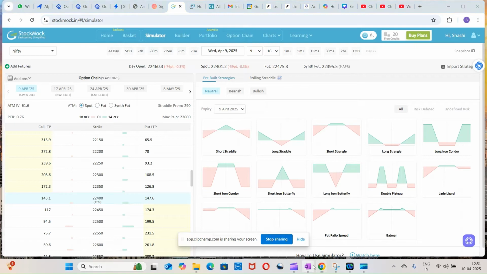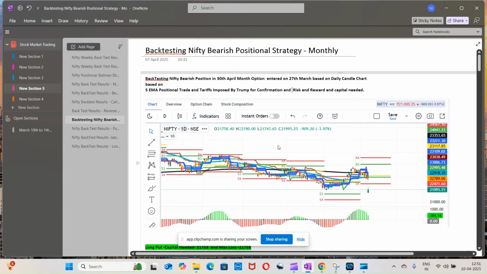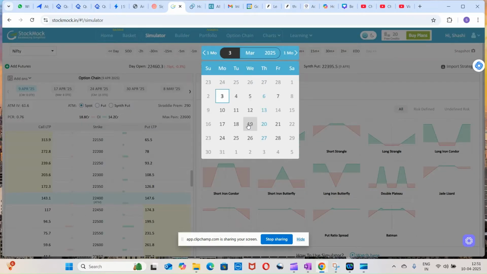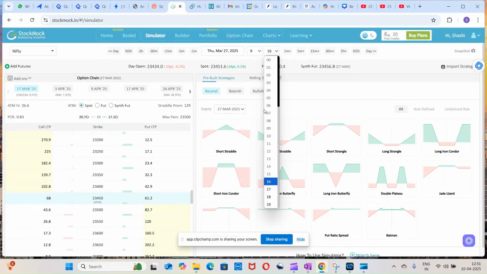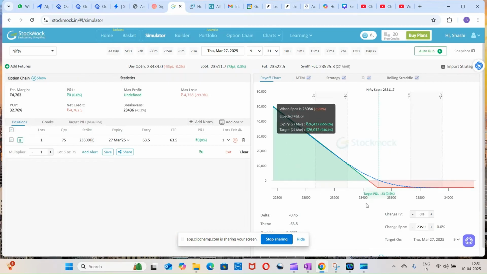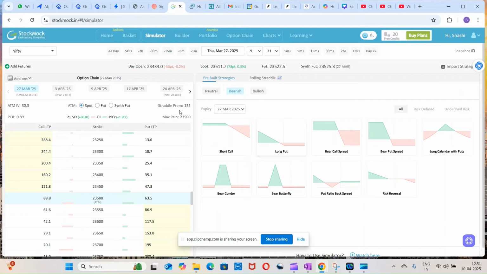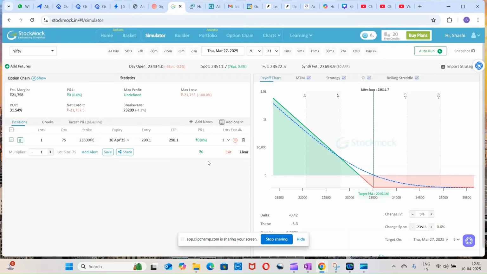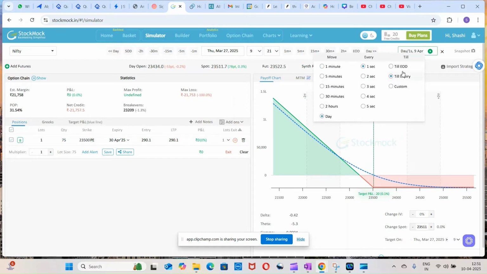This is the condition: March 27th we will enter, and we will check the April 30th option. So March 27th, at 9:21, we will enter and take a bearish long put. We need to take the long put for April 30th, because it is a positional strategy. Then we will test it on a daily time frame, picking day until expiry.